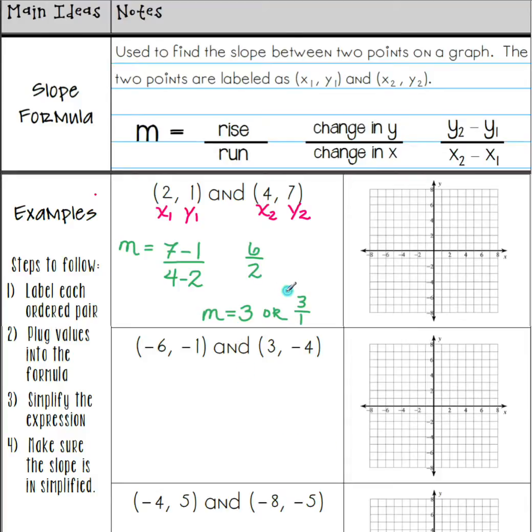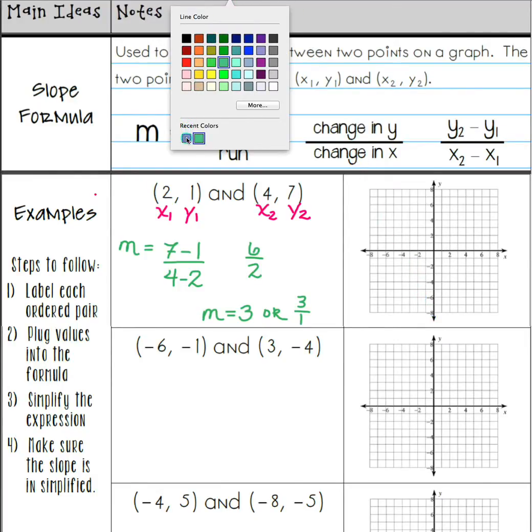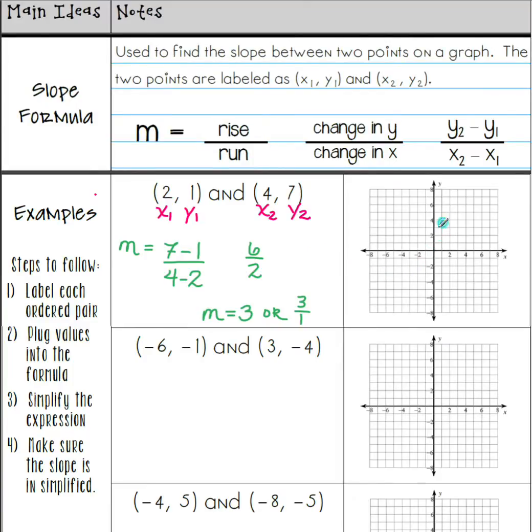On the examples that we're working out together, I went ahead and put a coordinate plane next to that. So we could also compare this to the graph and see where this slope is coming from. If we have the point 2,1 and the point 4,7, this tells us that our slope is 3.